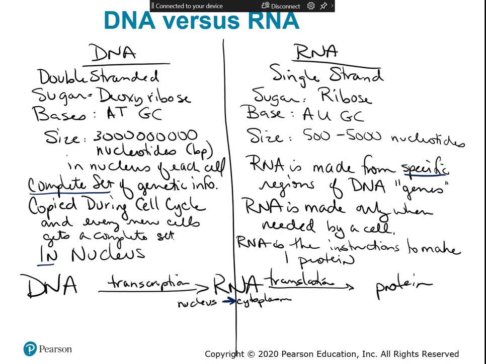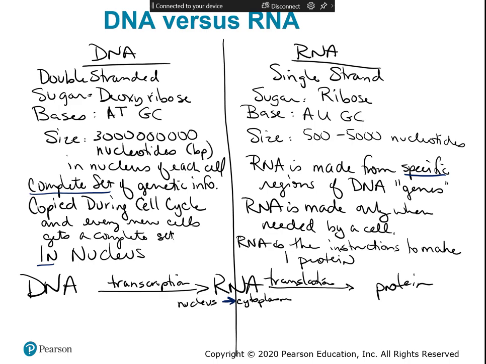So it's not present in the nucleus all the time. It just gets made so that the cell can make lots of one kind of protein. I think of DNA as being the complete set of genetic information. So like I said, it's everything that the cell needs to go from one single fertilized egg to being the size that you are today. Whereas RNA is only used to make one protein.